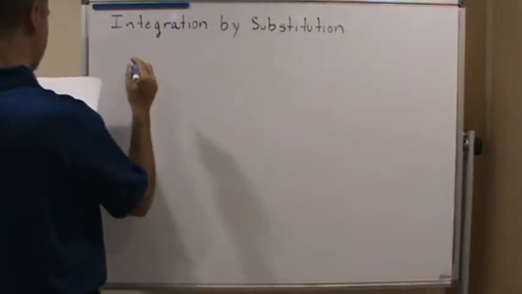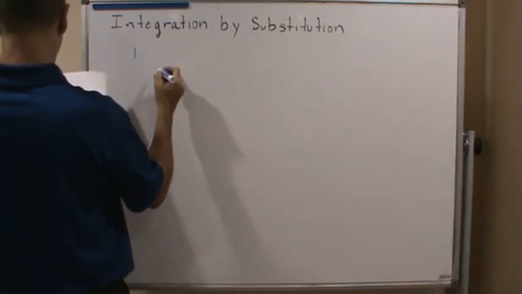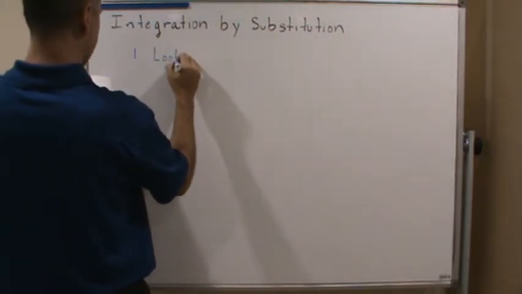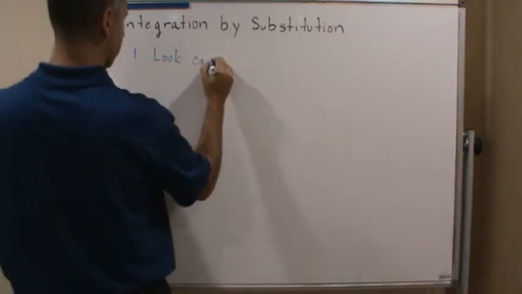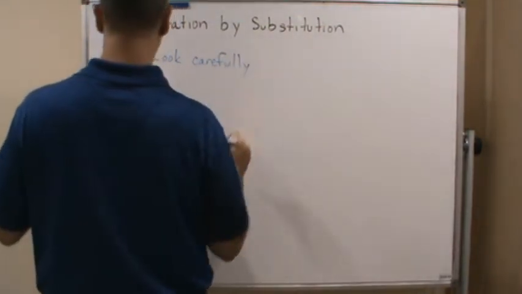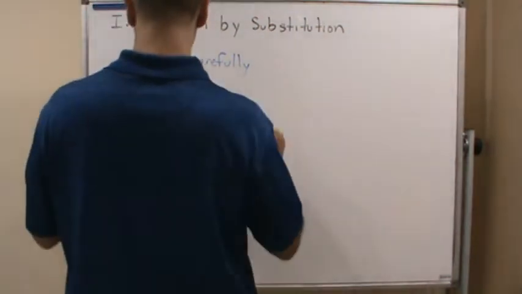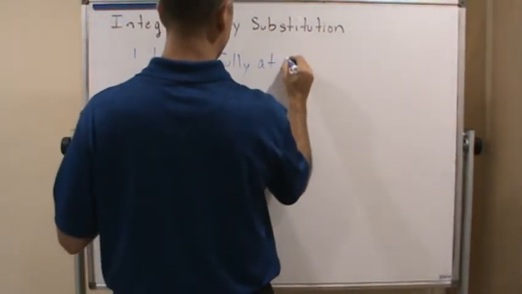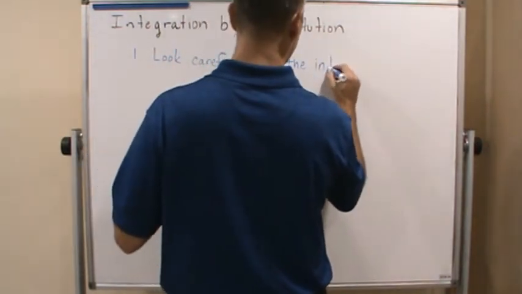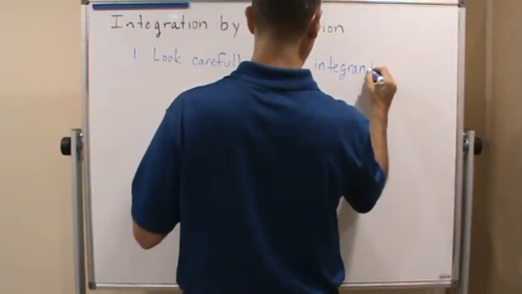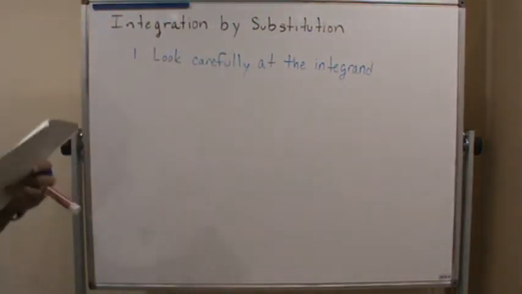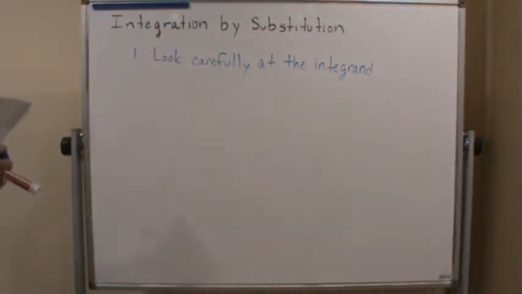Well, the first thing we're going to do is look carefully at the integrand, and select an expression g of x within the integrand and set it to u.